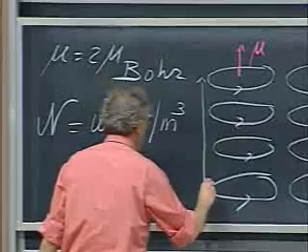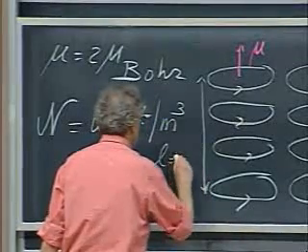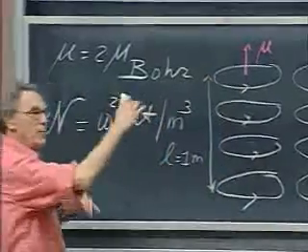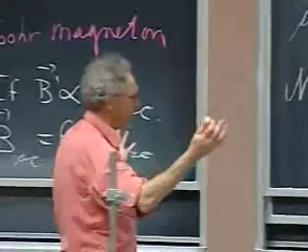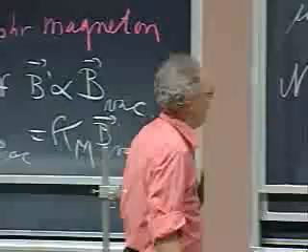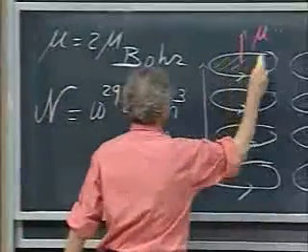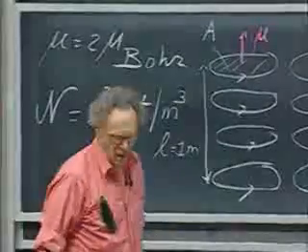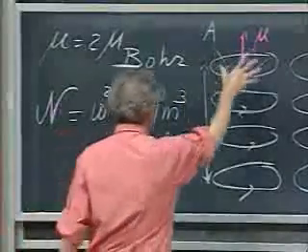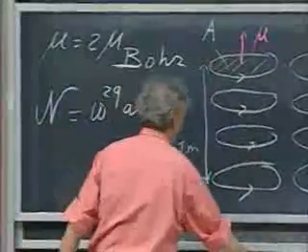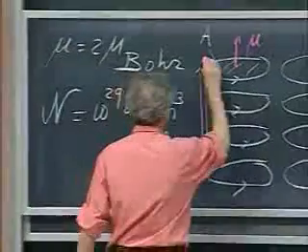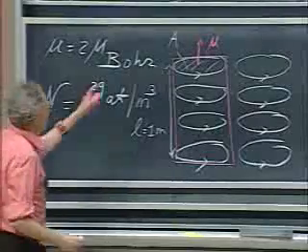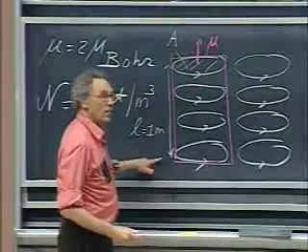I take here a length of 1 meter. So this is a solenoid, and I pick only 1 meter. Could have taken 3 or 5 meters, makes no difference. And each one of these loops here has an area A. So we would agree, I hope, that the volume of this solenoid, which has a length of 1 meter, is A square meters times 1.